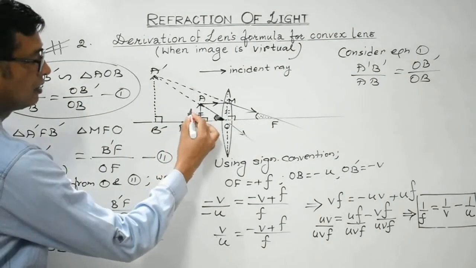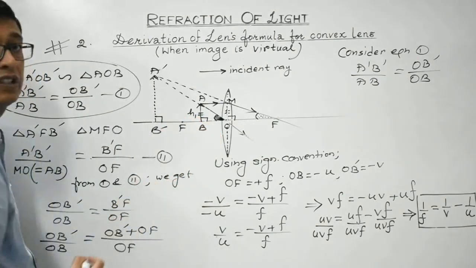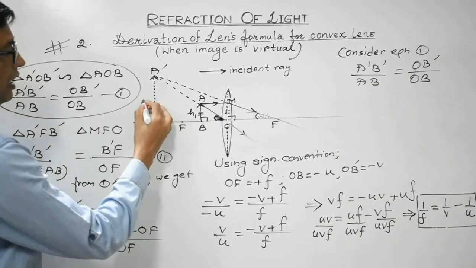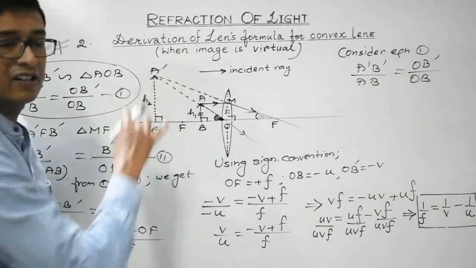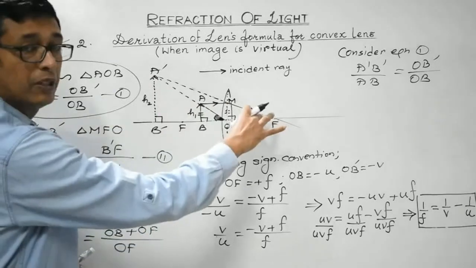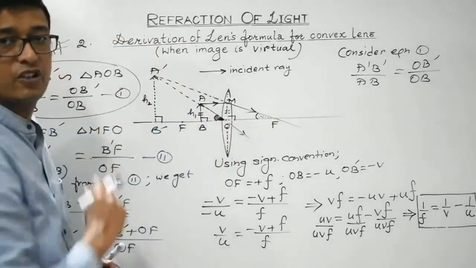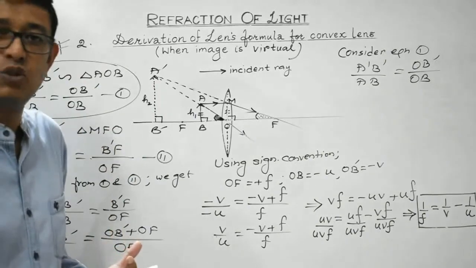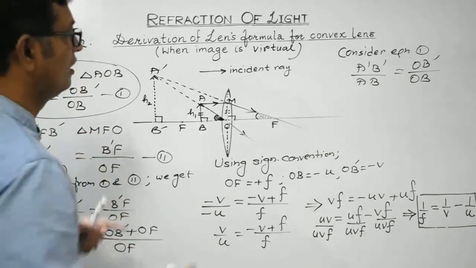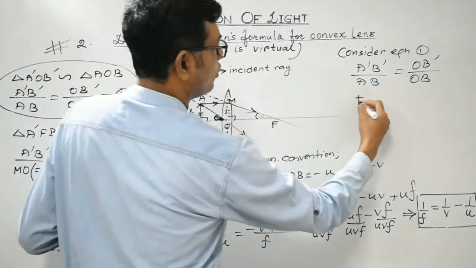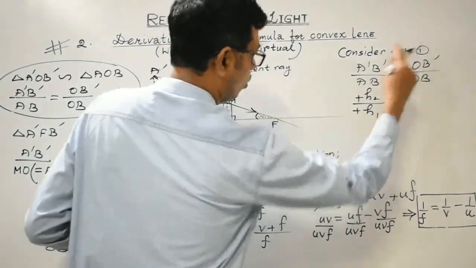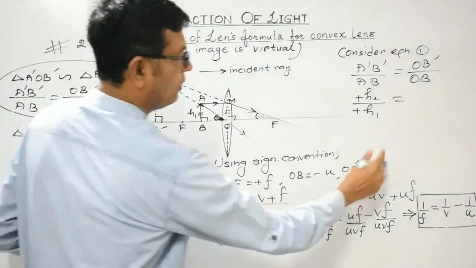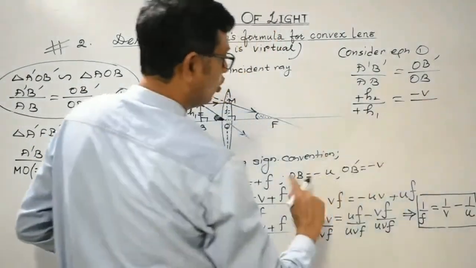As you are aware, height of the object is H1, height or size of the image is H2. Both are erect, measured perpendicular to the principal axis and in the upward direction. So as per the convention, both are to be assigned positive sign. So A dash B dash is plus H2, AB is plus H1, OB dash is minus V, OB is minus U.